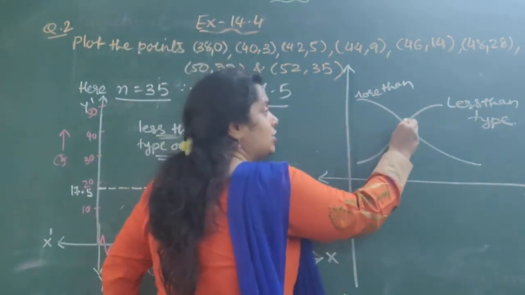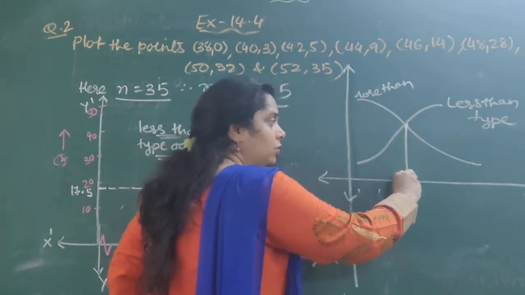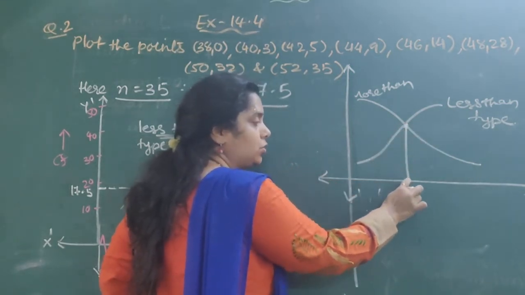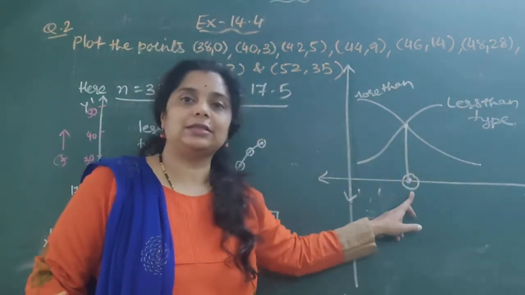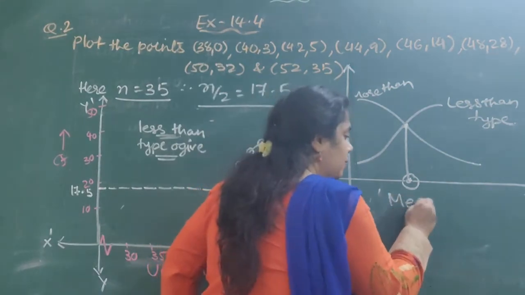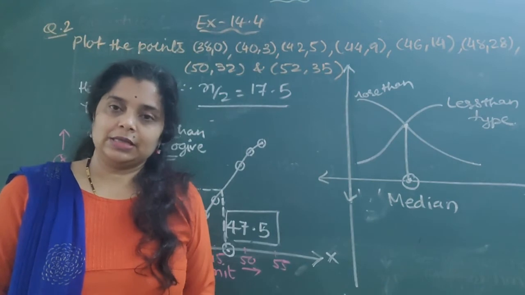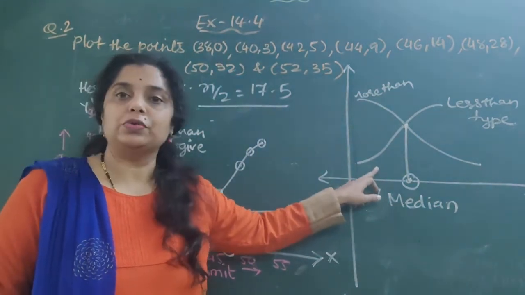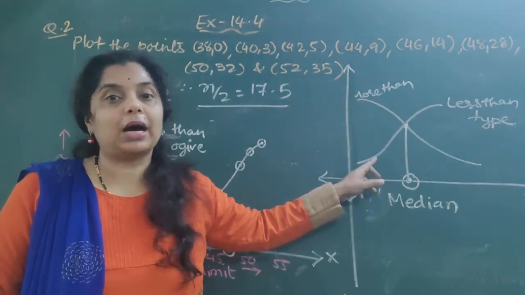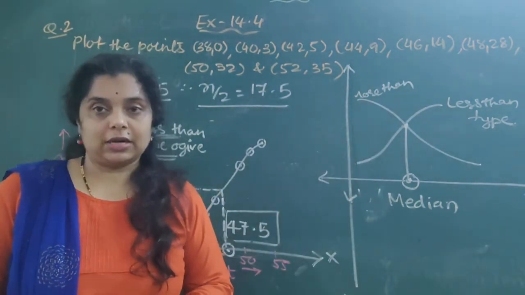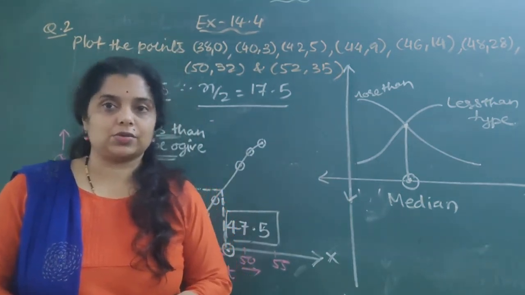When you drop a perpendicular from the intersection point towards the x-axis, this point on the x-axis is the median of the given data. Is it clear? So keep this in your mind if they are asking for the median from the given graph, the less than type and more than type Ojive. Let's do the last question.